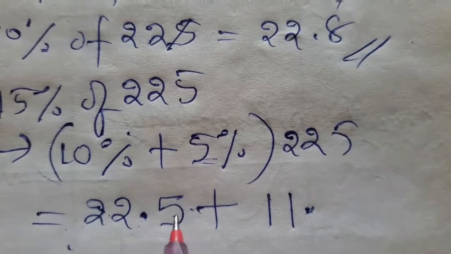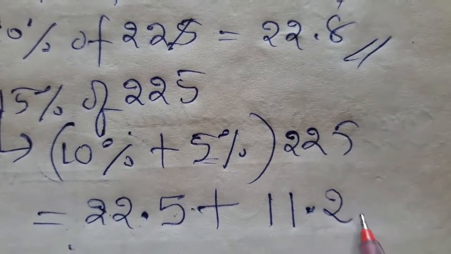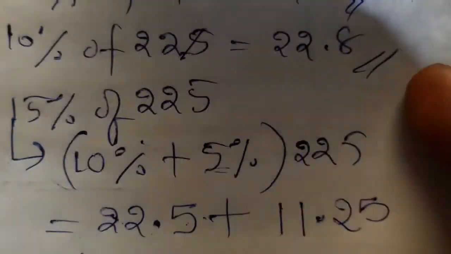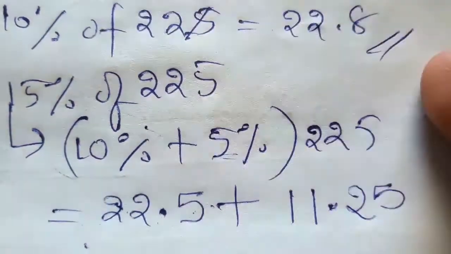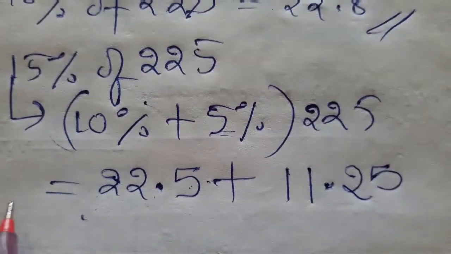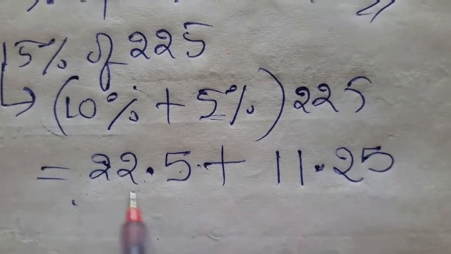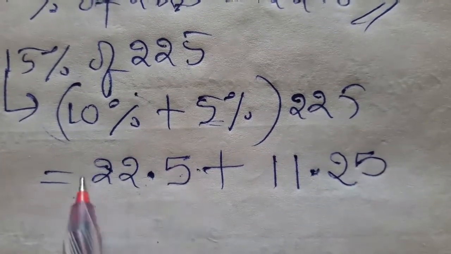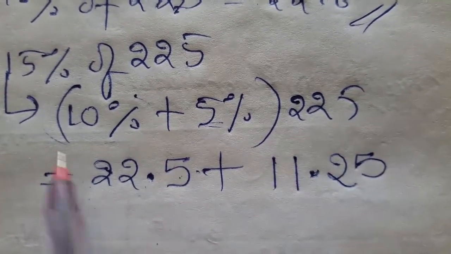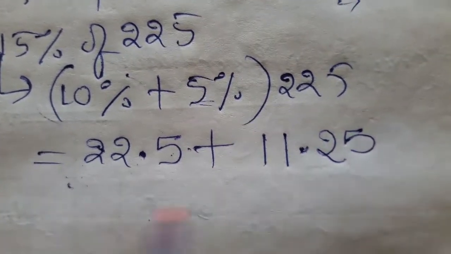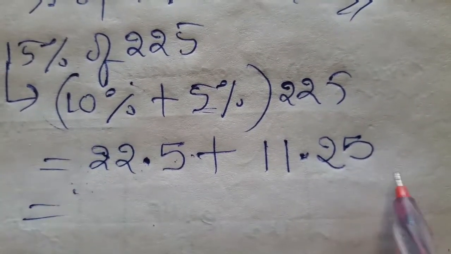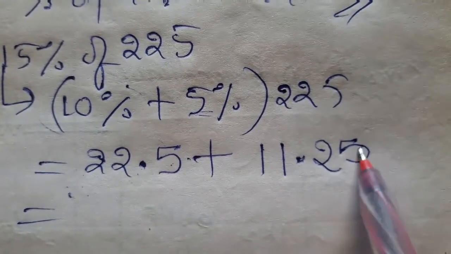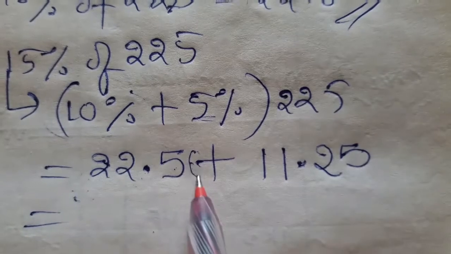Here 2 twos are 4 and 1 is there, 2 fives are 10, isn't it? Are you understood? So half of this, half of 10%, means 5%. Now the addition of these two, see here: 5 is there, put here 10.